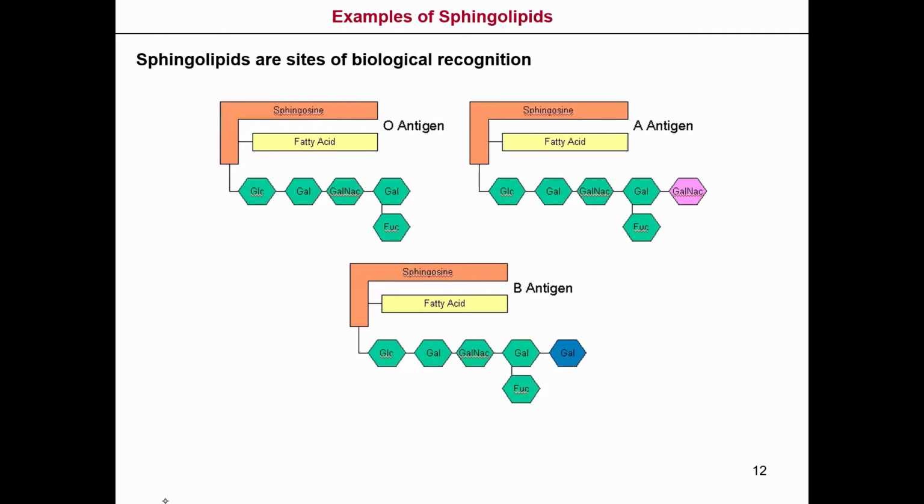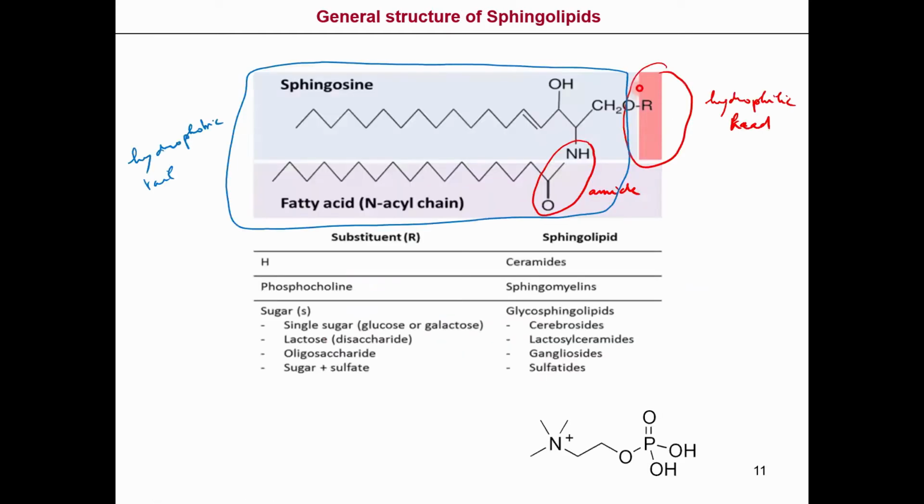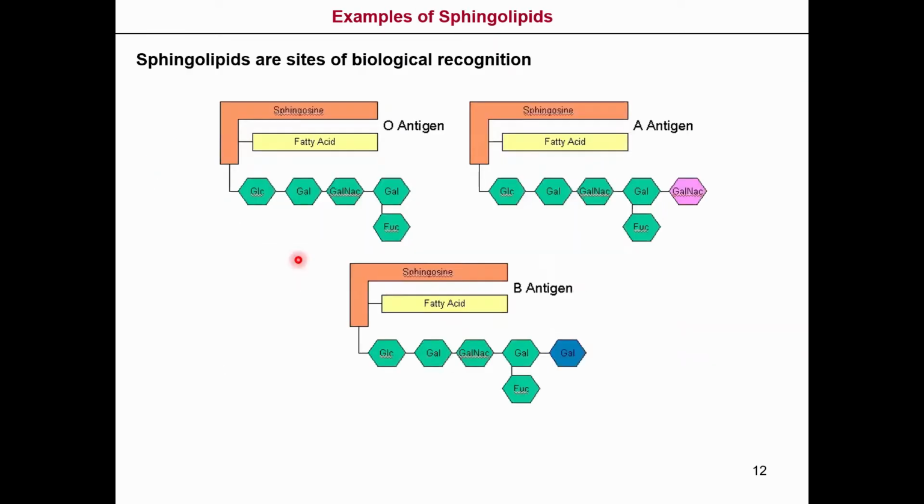You see, you have the sphingosine, the fatty acid, and linked to the R group of the sphingosine will be sugar. So you have glucose, galactose, and so on. But in the presence of galactose or other groups, you can have O group, A group, and B group.